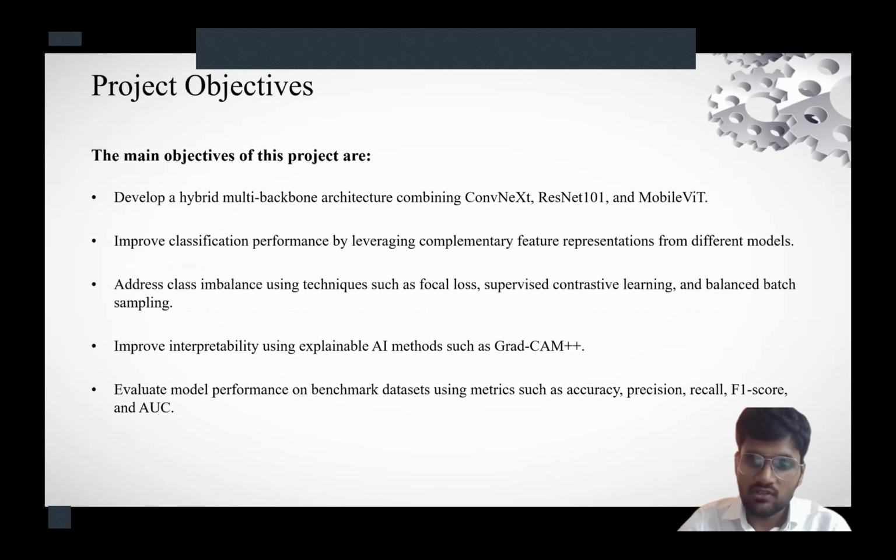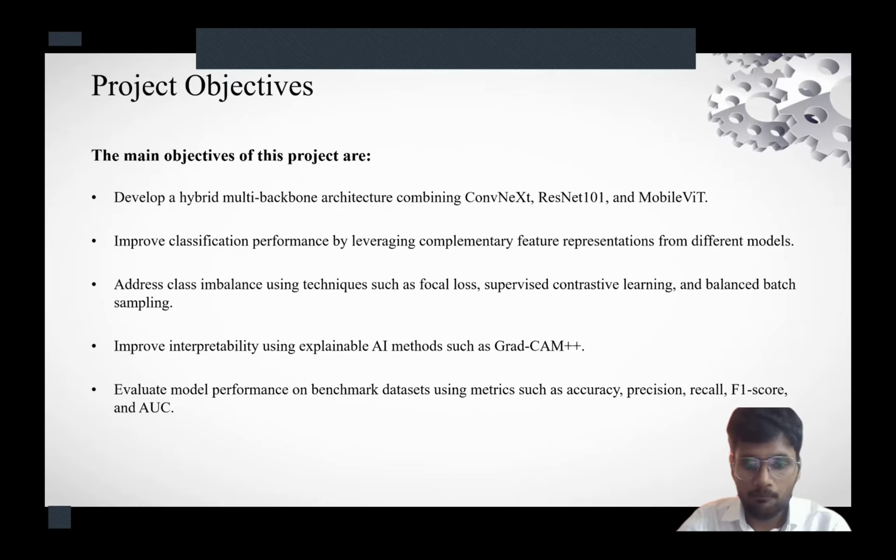The project objectives. The main objectives of this project are, first, to develop a hybrid deep learning architecture that combines multiple neural networks such as ConvNeXt, ResNet 101, and MobileViT. Second, to improve classification performance by combining different feature extraction methods.